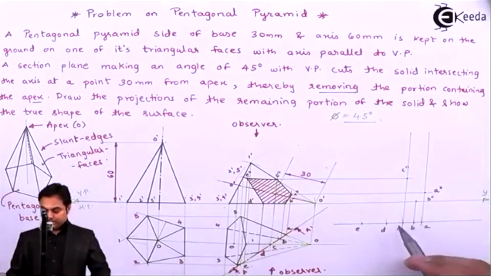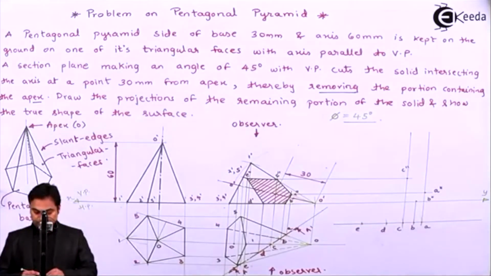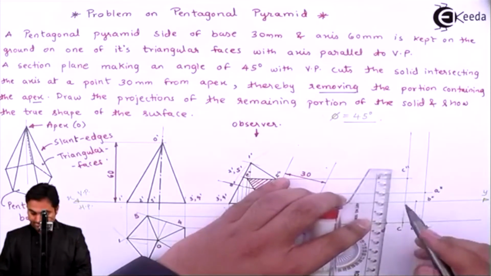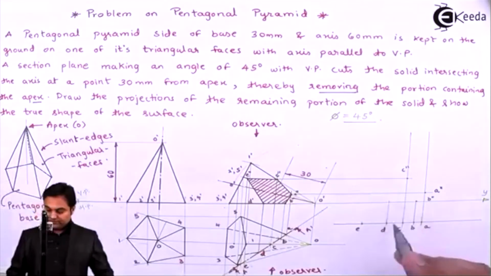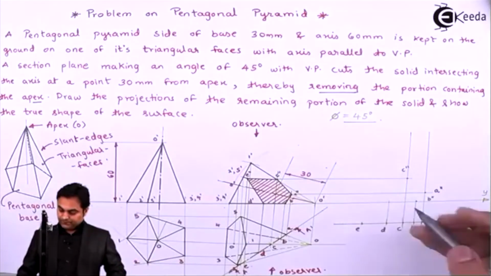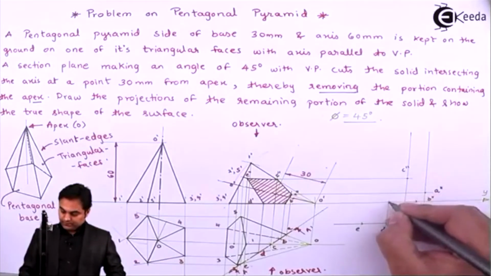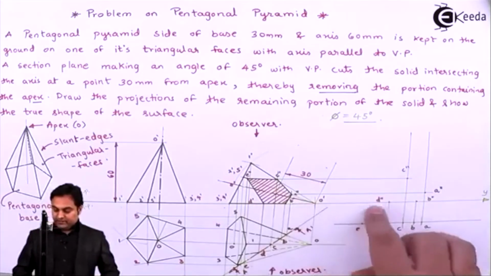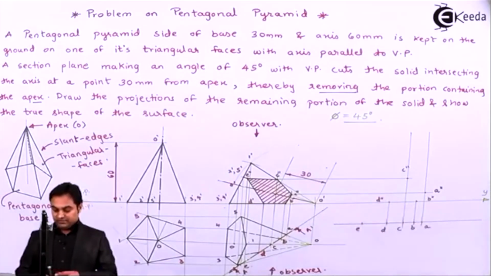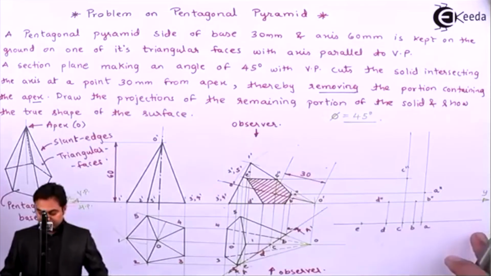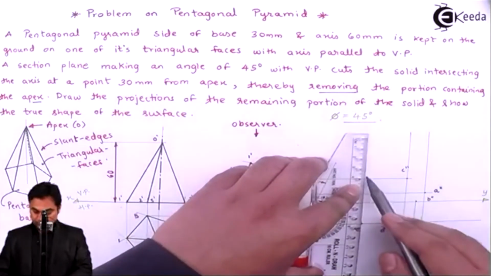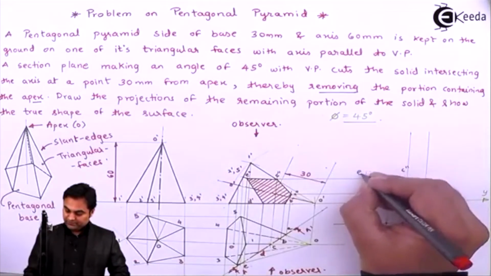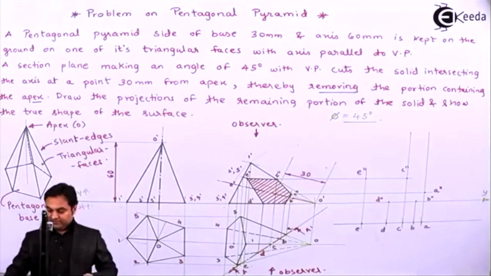Point D, from the top view, in the front view, it is at D double dash, where D and D dash intersect. Next, for point E double dash, point E and E double dash, here we get the intersection.